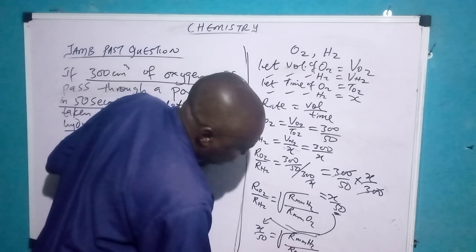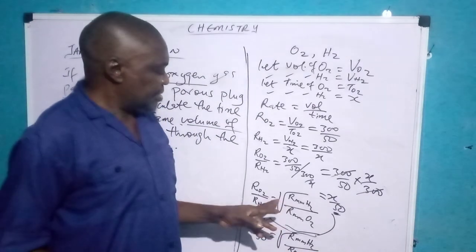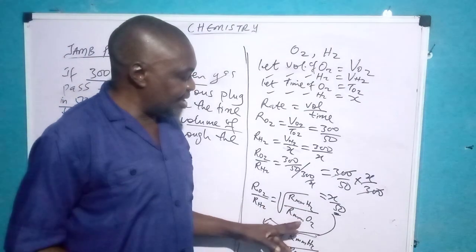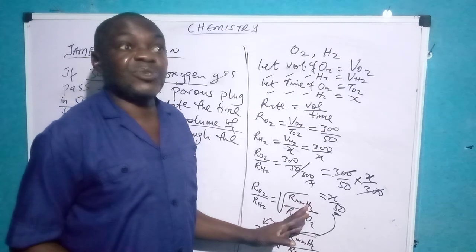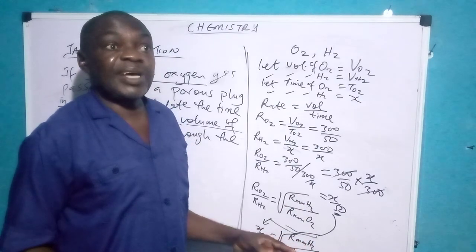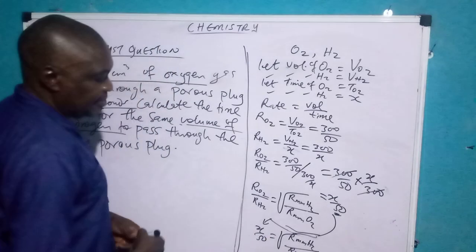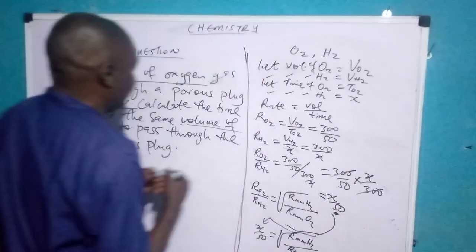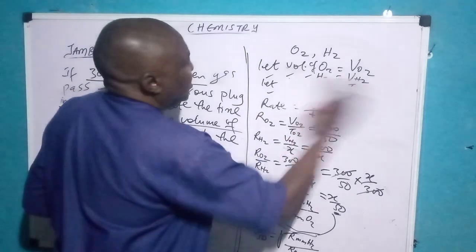But remember, when you are writing this, you must define it, where RMMH2 is the relative molecular mass of hydrogen and RMMO2 is the relative molecular mass of oxygen. Although this one is very clear, some people prefer to use X. Whichever one you use, make sure you define it. Then we now substitute.